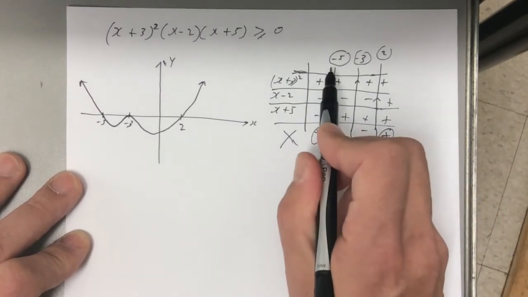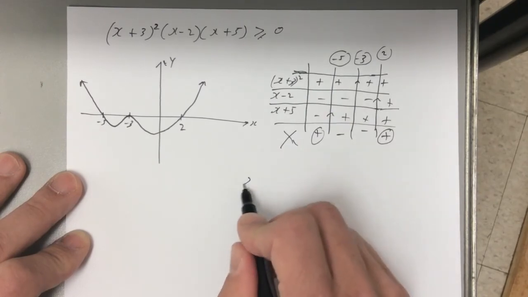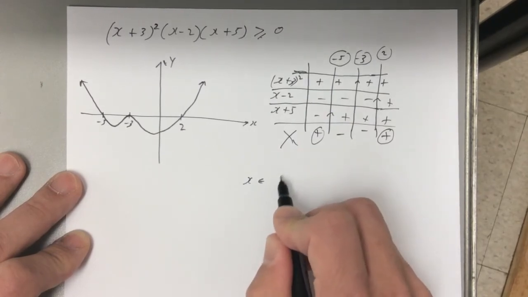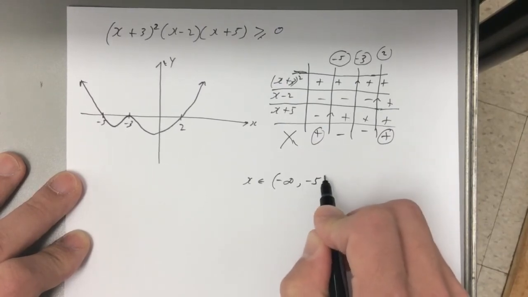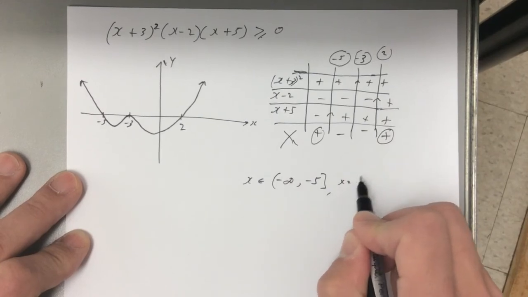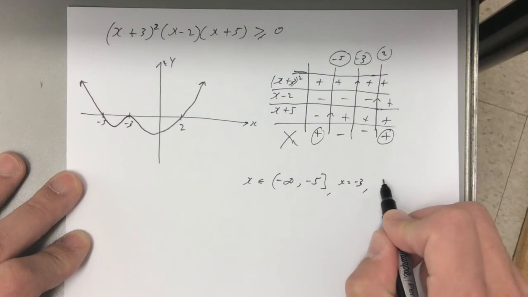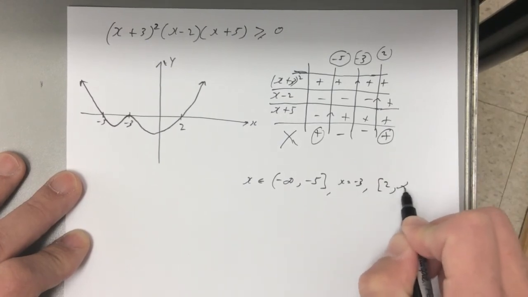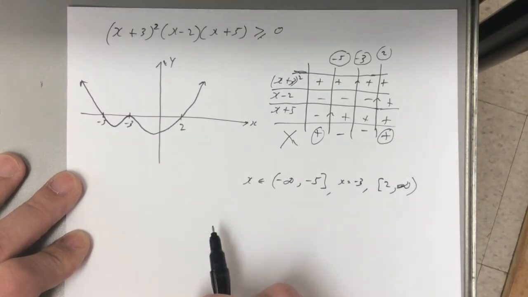So now we can do the intervals. So less than or equal to -5. Okay. So negative infinity to -5 inclusive, x equals -3, and 2 to infinity is our set for this one.